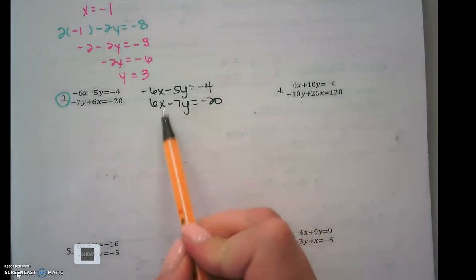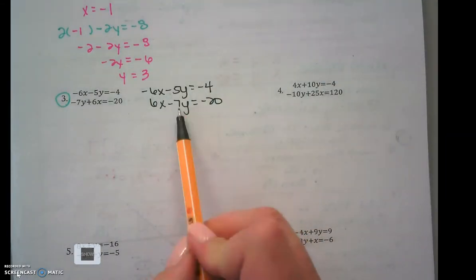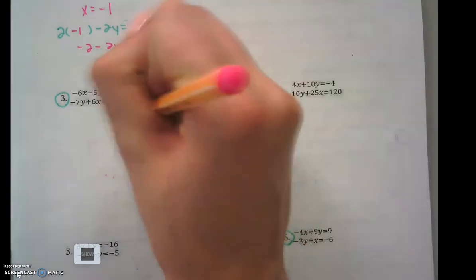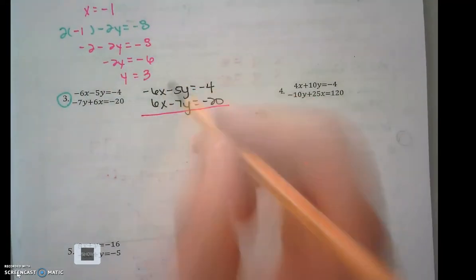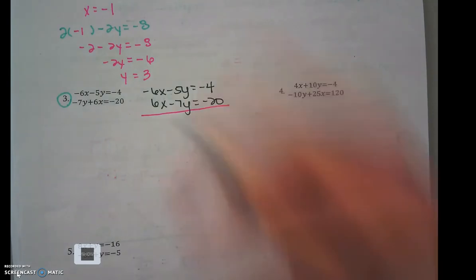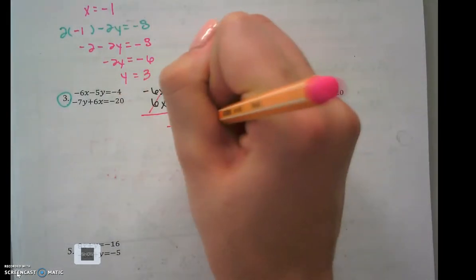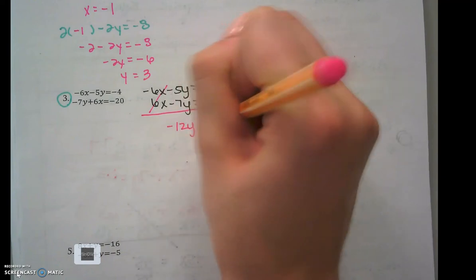By doing that, I now have my x's, my y's, and my numbers all on top of each other. And again, when I did that, I found a number that I could easily eliminate right away. So these will cancel. Negative 12y is equal to a negative 24.